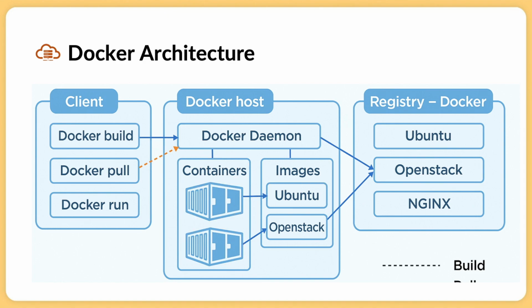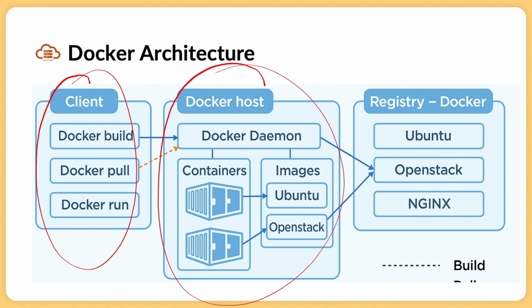So this is the architecture and overview of Docker. What we understood here is that there are three components of the Docker architecture. One is the CLI. Using this CLI, we interact with the Docker host, and the Docker host has the Docker daemon, which is the brain of Docker and is called the Docker engine as well.